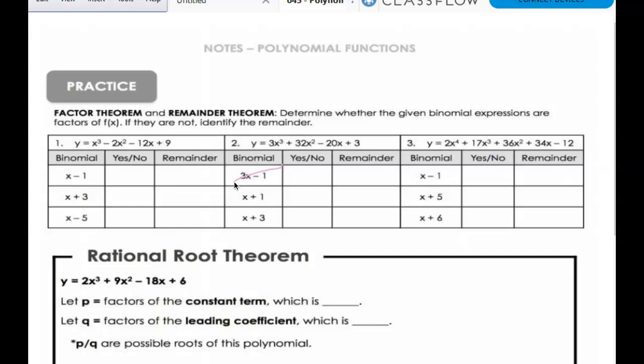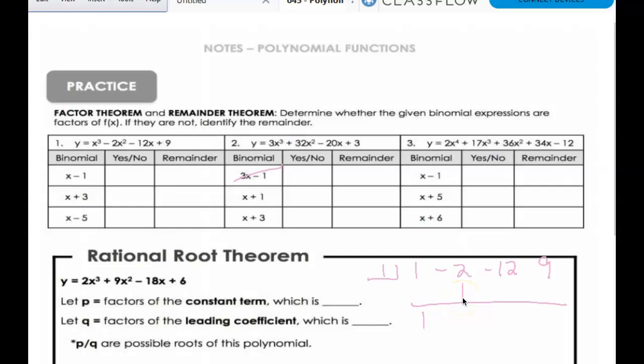Okay. So if I'm doing x minus 1, what number am I actually going to test? I'm going to test 1. Is this in standard form? So we have 1, -2, -12, and 9. And we're not doing the bottom, so you can go ahead and write there. It's okay. So I'm going to bring down the 1. When I multiply, I get 1.